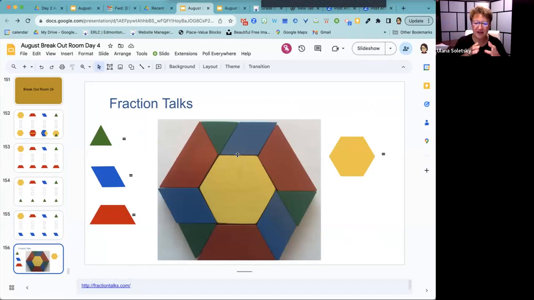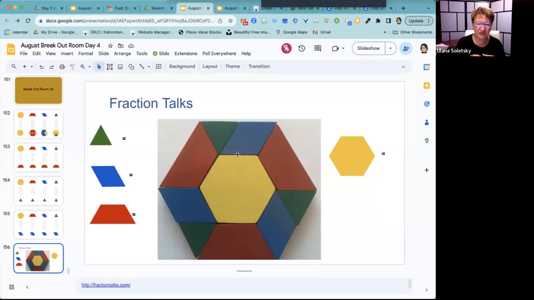So if that is 1, if that's the whole, what fraction of the whole is the yellow hexagon? What fraction of the whole is the green triangle? One of the green triangles.